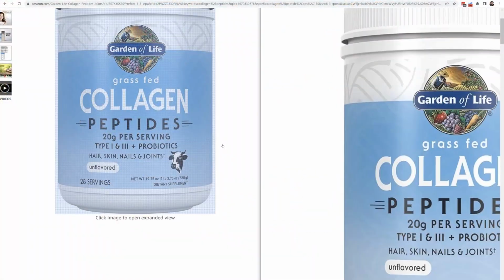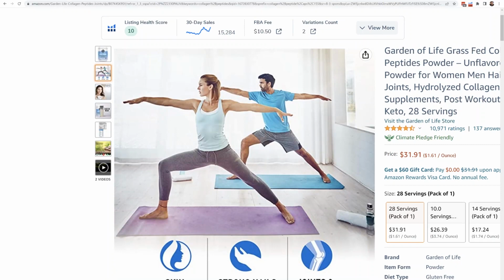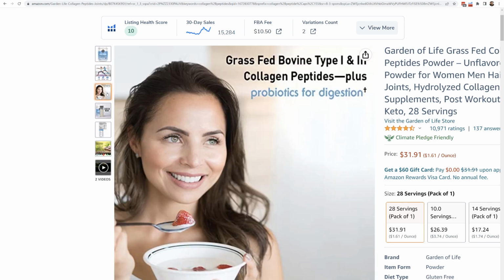But right here, what would I do with this information? Well, I'm going to go ahead and make sure one of my main images has this. And if you look at the images here on this collagen peptides listing, I don't know, here it's showing people doing yoga. I don't understand what that has to do with something that helps your hair, skin, and nails.